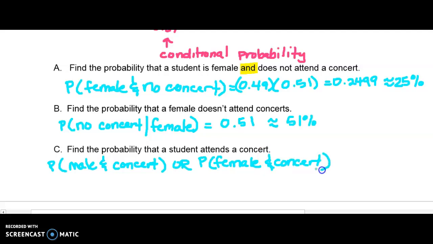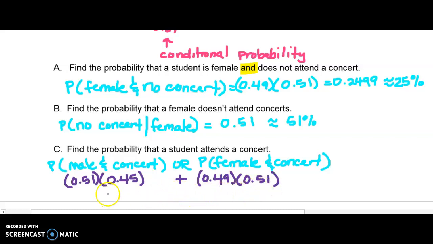So we already talked about the "and" probability. So the probability of being male, if we go back up to the top, is 0.51, and going to a concert would be 0.45. Or is addition. The probability of being female, which we actually did in part A, is 0.49, and going to a concert would be 0.51.